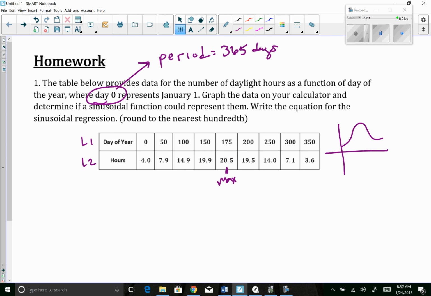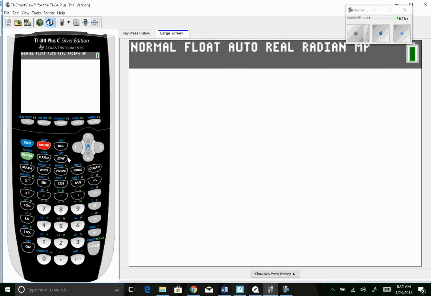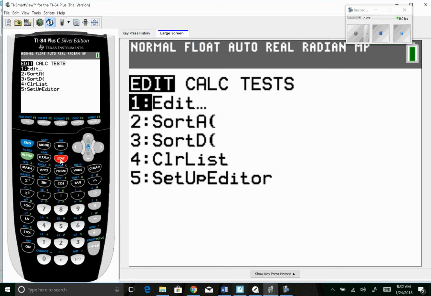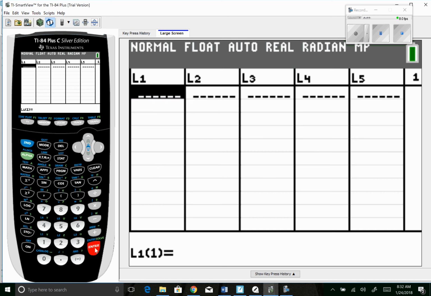So if I go into my calculator here, to get to where I have to type in all my data, I'm going to hit stat. And you notice on the calculator, the button that I previously hit will pop up in red. So then I'm going to go to edit. You probably have some stuff in here from what we did in class. You can either clear it or you could just go right over the data.